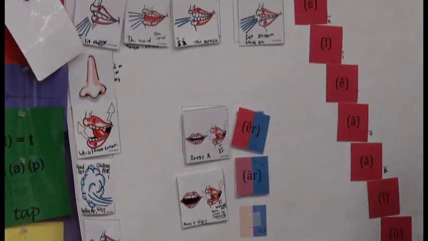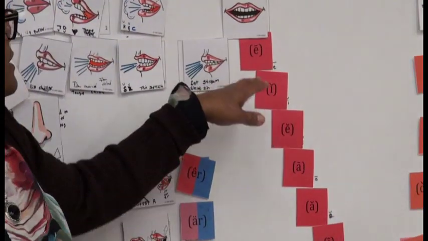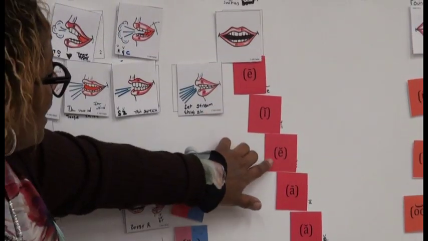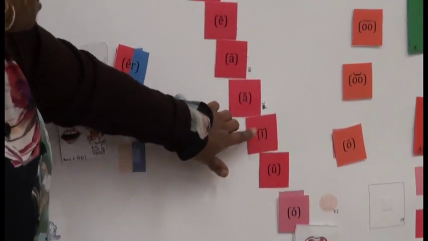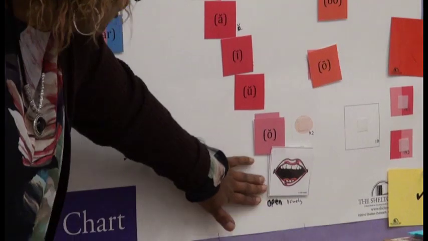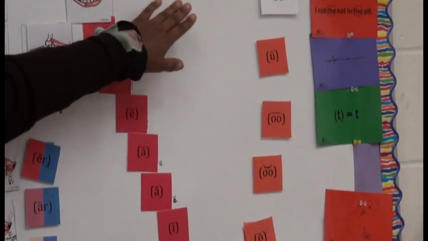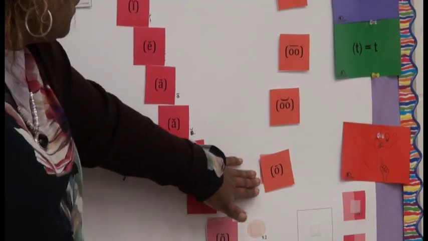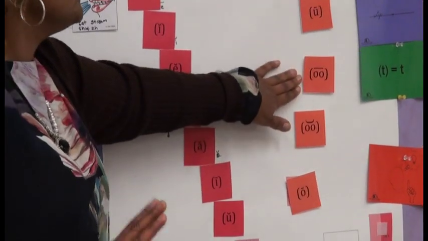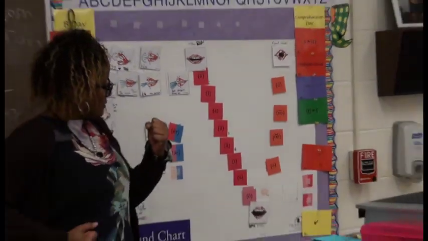We have smiling vowel, E, A, I, open vowel, and round vowel, O, U.